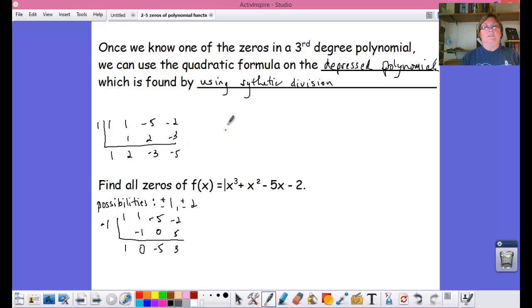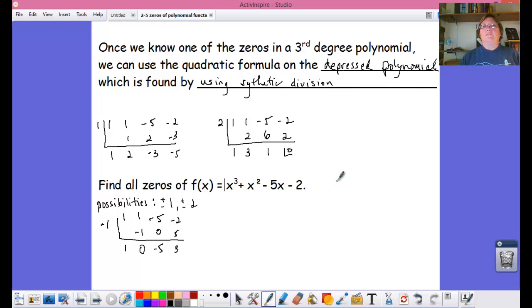How about 2? 1, 1, negative 5, negative 2. Drop, multiply, add, multiply, add. Ooh, I like it. There's our 0 right there.